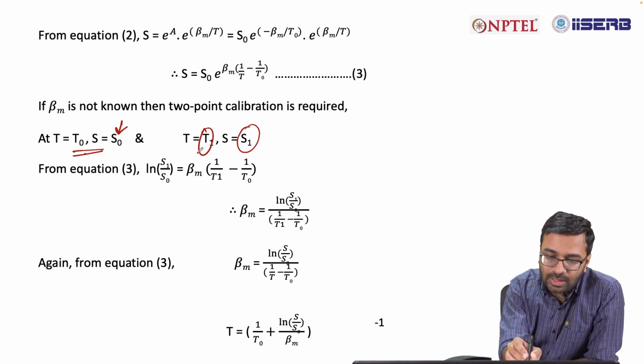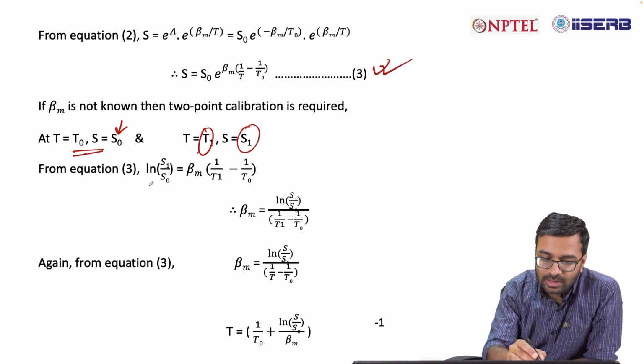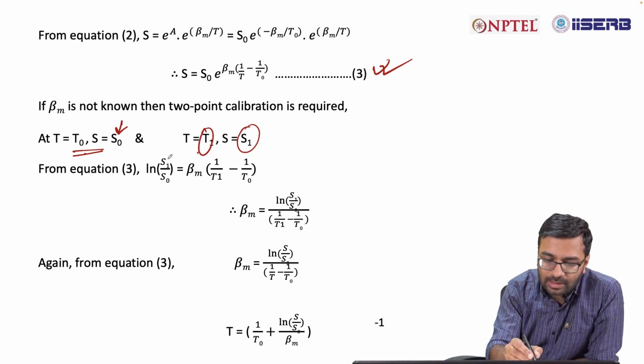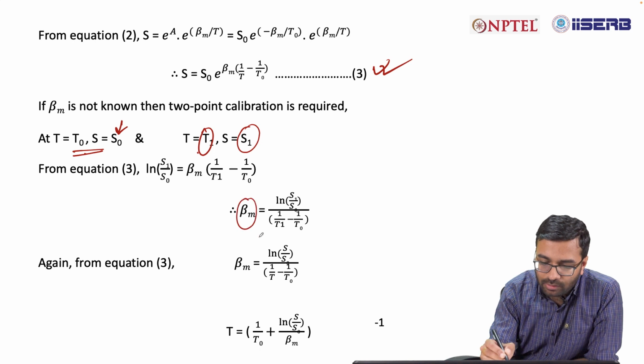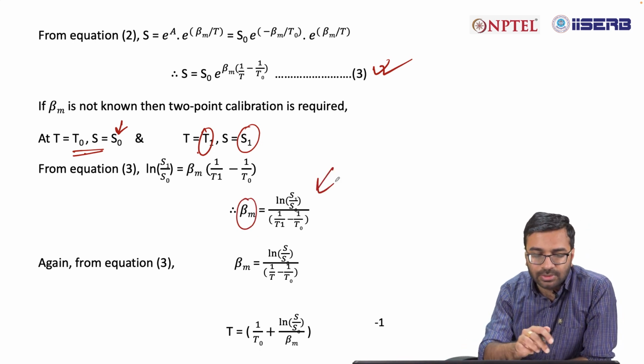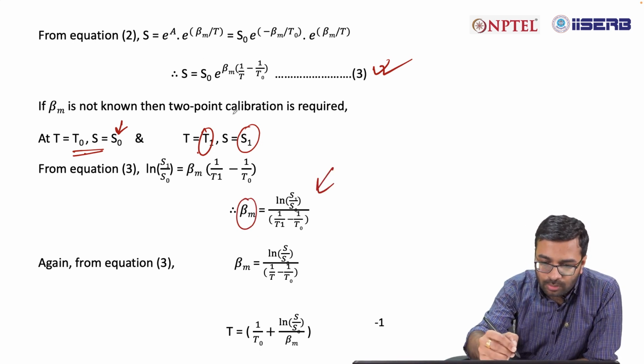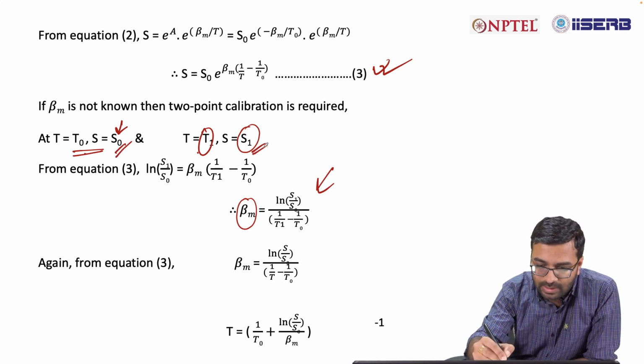Put both the values in equation 3, and you will get that ln S1 by S0 is equal to beta m into 1 by T1 minus 1 by T0. From there you will get the value of beta m, because now you know the value of S0 and the value of S1.